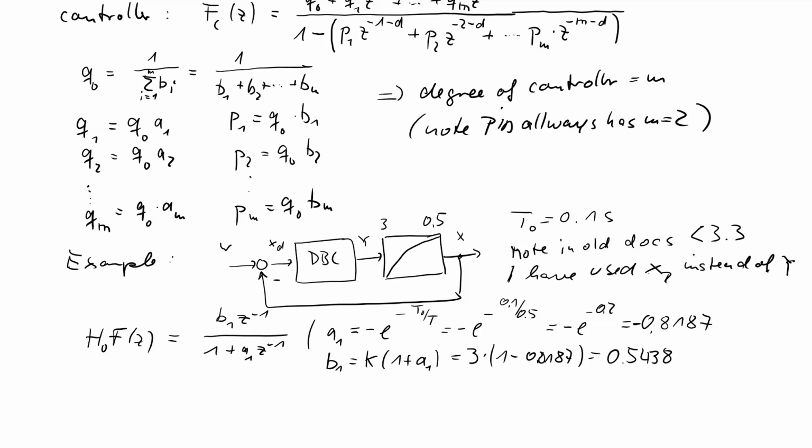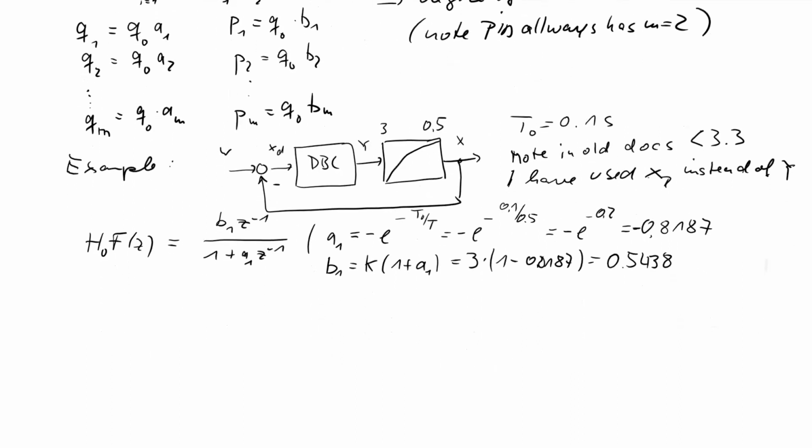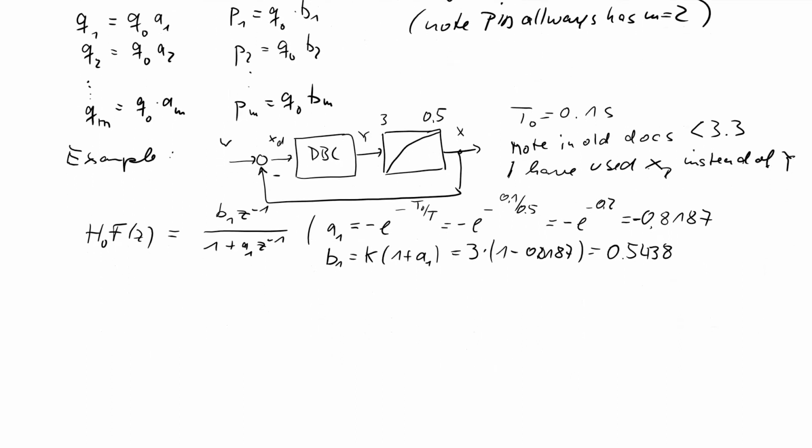4 significant digits. Okay, now we can write down the algorithm to calculate the output values step by step.